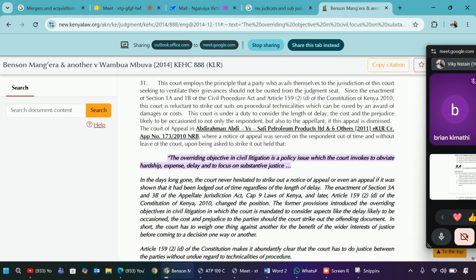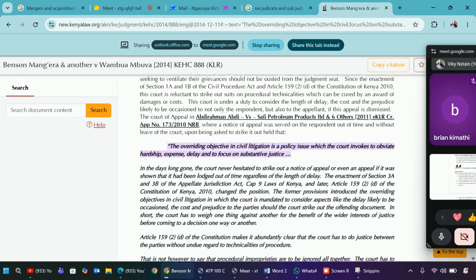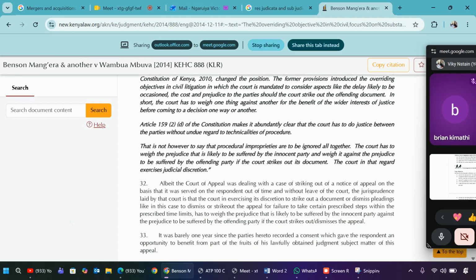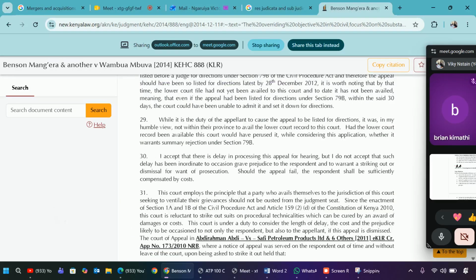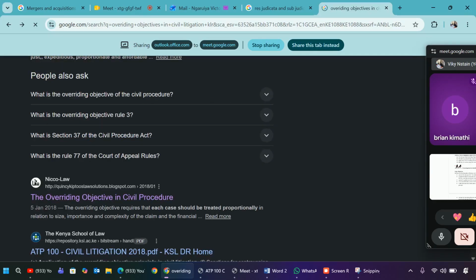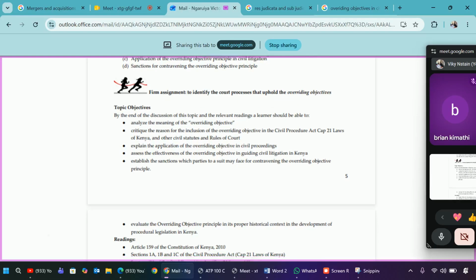So the enactment of Section 3A and 3B of the Appellate Jurisdiction Act and later Article 159(2)(d) of the Constitution changed the previous position, because the former provisions introduced the overriding objective in civil litigation in which the court is mandated to consider aspects like the delay likely to occasion the cost and prejudice to be suffered by the parties. So those were enacted pursuant to historical injustices in the judiciary sector.